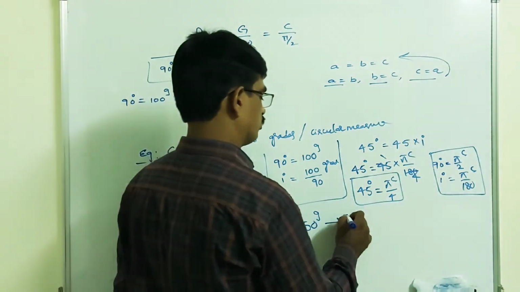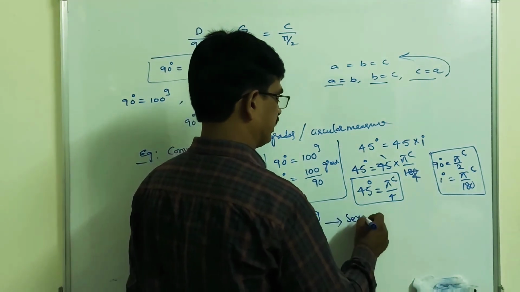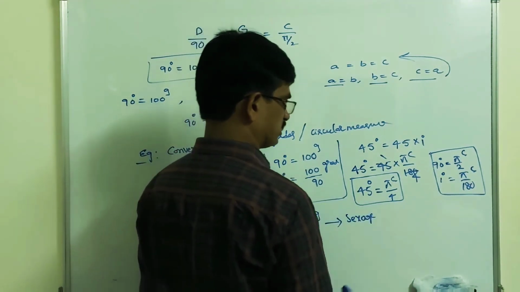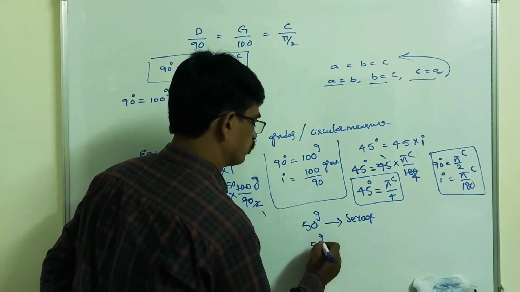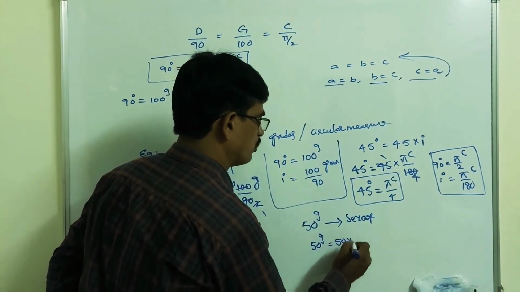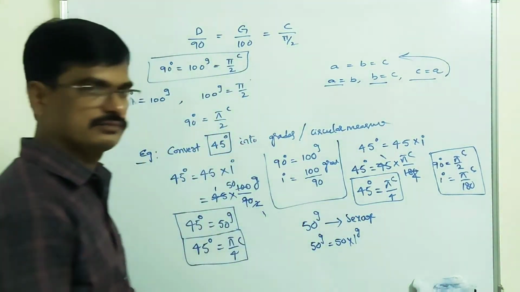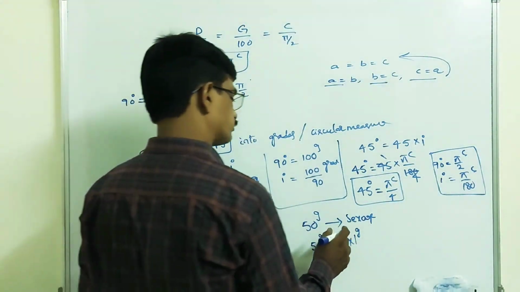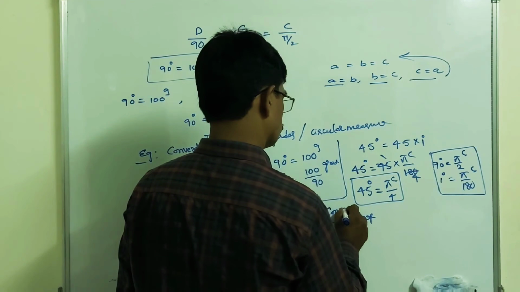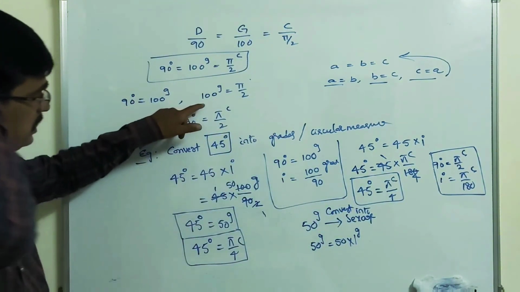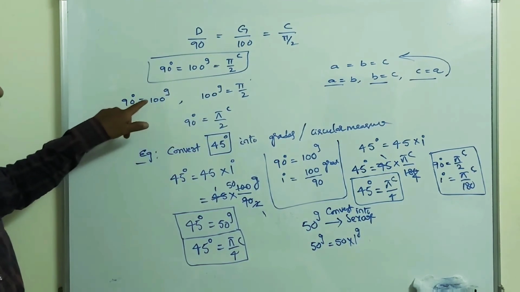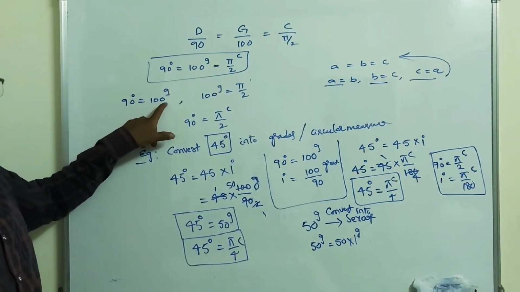Now we are going to convert 50 grades into the sexagesimal system. How will we convert? 50 grades is equal to 50 into 1 grade. Here, 90 degrees is equal to 100 grades.